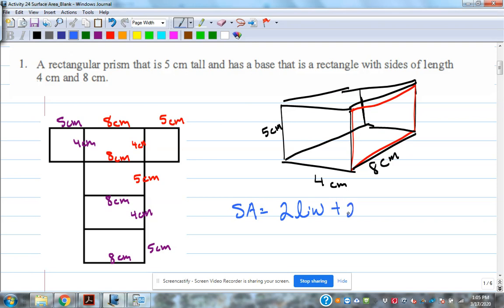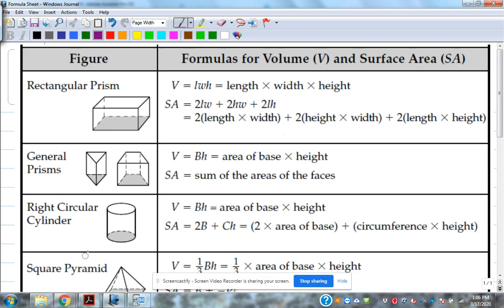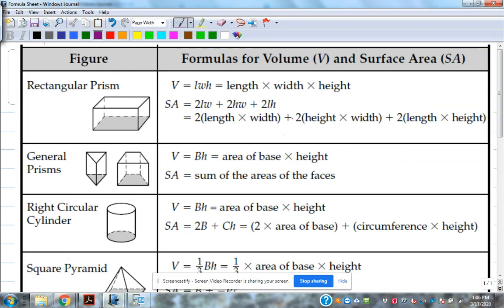Plus 2 times, and the formula in the right order here, height times width. So the height is 5. Height times width. And then the last one is 2 times length times height. LH, I think, is how the formula sheet has it.